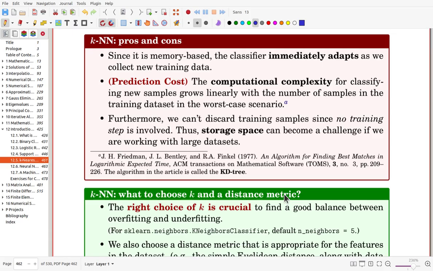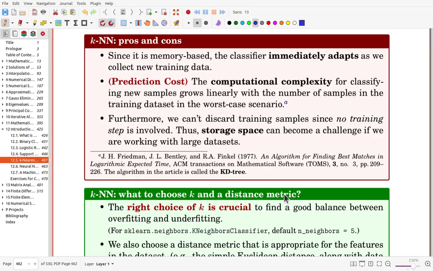Furthermore, we cannot discard training samples because no training step is involved, so we have to keep the training data points. In fact, for other algorithms, once we build the model, then the training data points can be ignored.